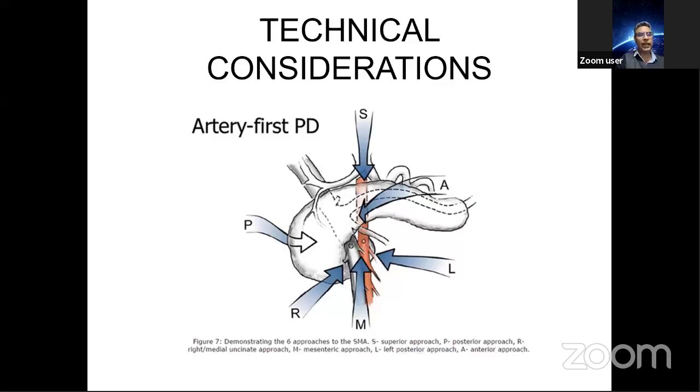So in such a scenario, what is your approach? Would you like to sacrifice this artery? Would you want to reconstruct this artery? Or there is another technique that has been suggested, that you can embolize this artery a couple of weeks prior to surgery so that there is enough collateralization. So what is your take on that?